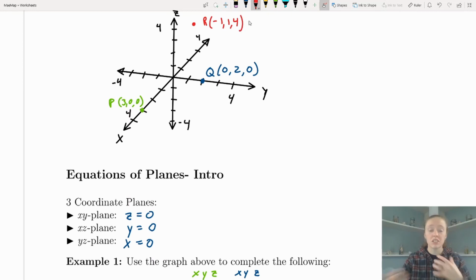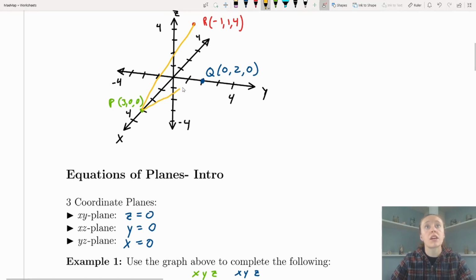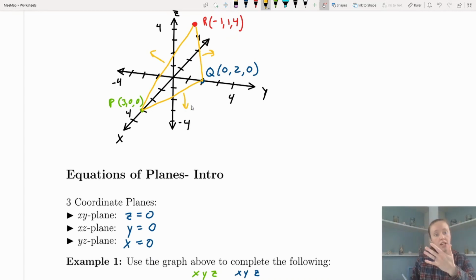Now sometimes it's a little difficult to see points in 3 dimensions, so I recommend labeling all your points. So now if we were to draw that plane, the easiest way to do that would be to connect our 3 points to form a triangle, but remember that expands out in all directions. So we have some triangle, if you can envision that plane, but expanding out in all directions. Like if we were taking a slice and cutting it with a knife, hitting each of those points, that would be our plane.